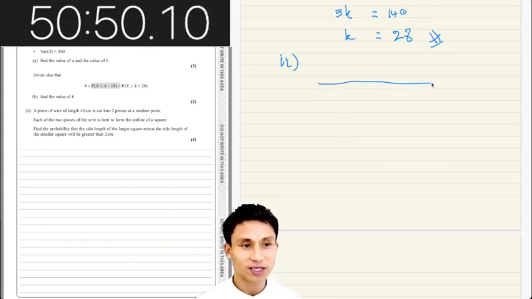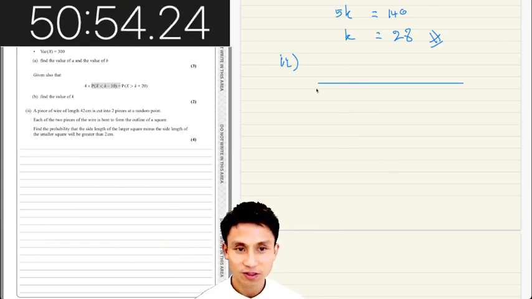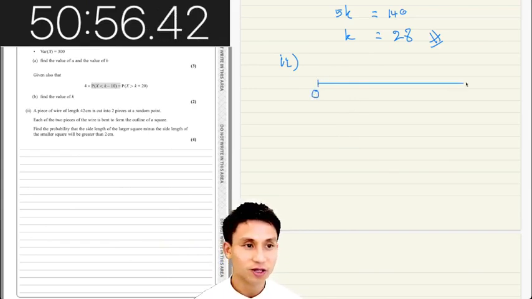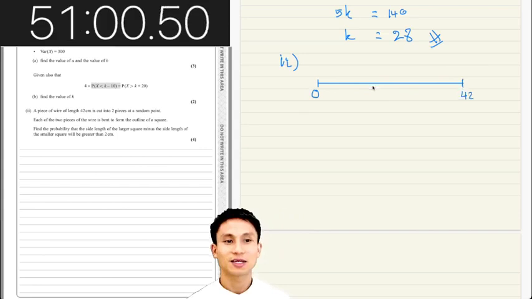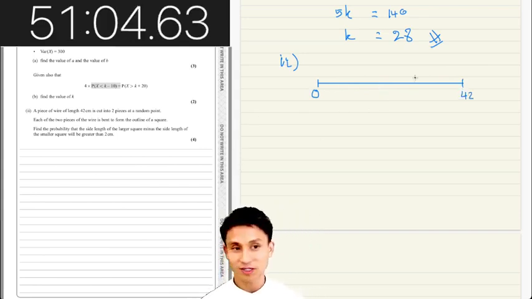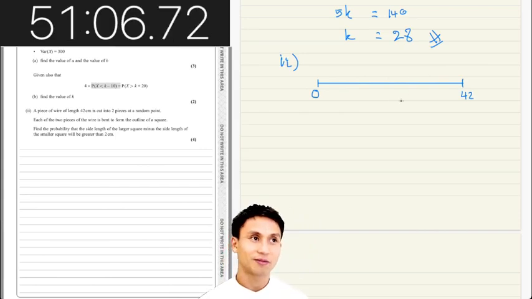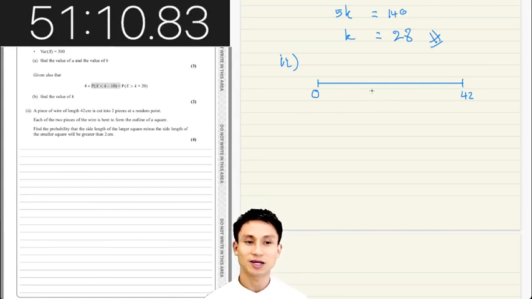So if this is a wire of length 42, starting from 0 to 42, you can cut in any place, and we can use again the uniform distribution because any point has an equal probability of being cut, right?